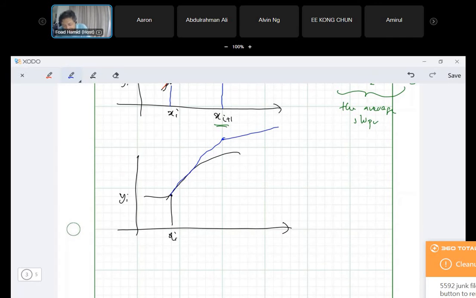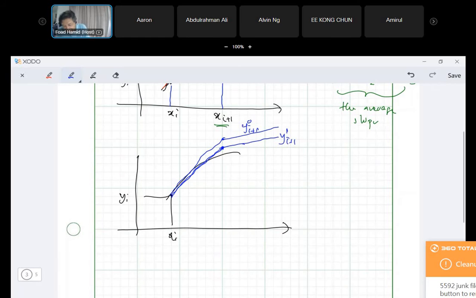So we get our corrected yi plus 1. And we can do the same thing here to find another. So this is what we call y naught i plus 1. So this is the first iteration, y i plus 1.